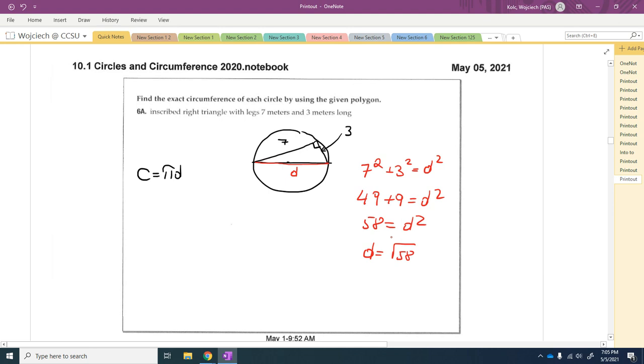Look for perfect squares. 58 divided by 4, we cannot do it. 16, we cannot. So that's your diameter. So circumference will be pi times radical 58. Okay? So your final answer would be pi radical 58, and the units are meters.